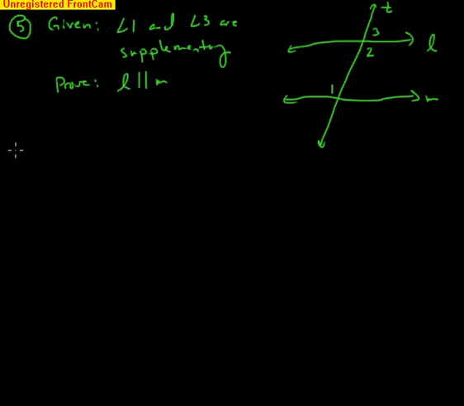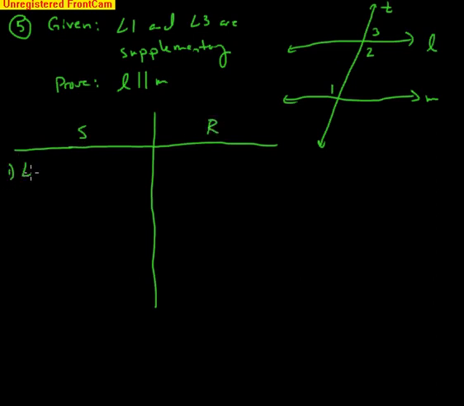All right, so we'll create our 2-column proof. Statements, reasons. First statement is always the given. Angle 1 and angle 3 are supplementary. The first step is always the given.